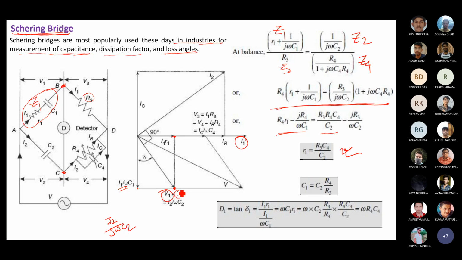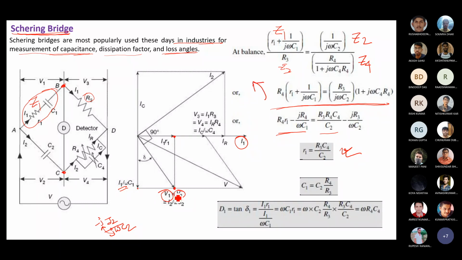So that is your V2. Taking j to the numerator, V2 equals minus j I2, and minus j means 90-degree lagging. So V2 is 90 degrees lagging behind your I2.